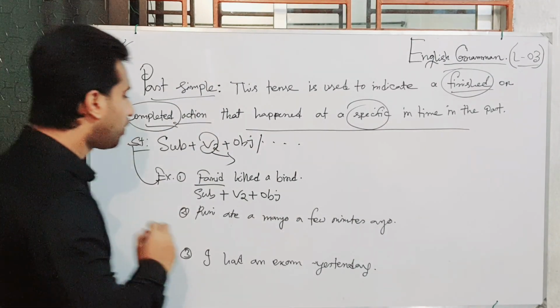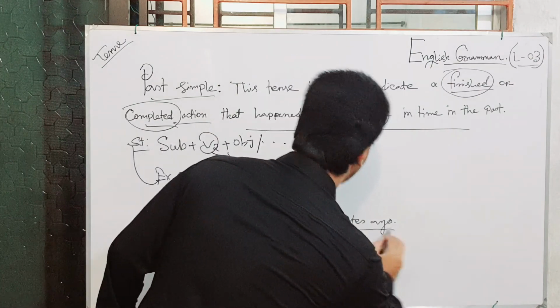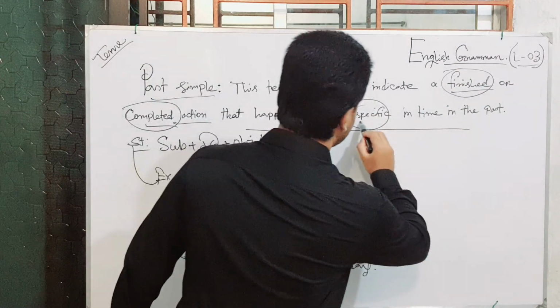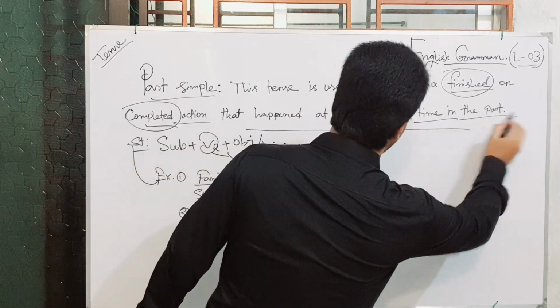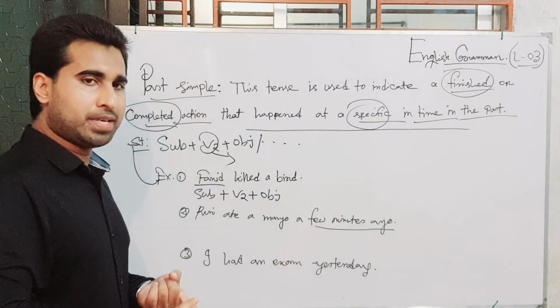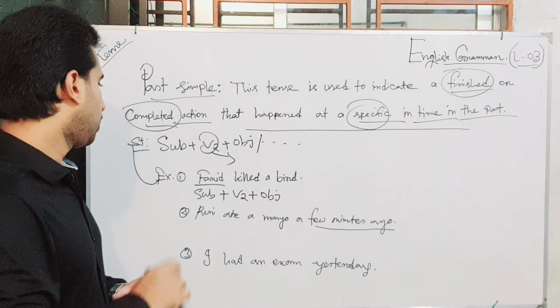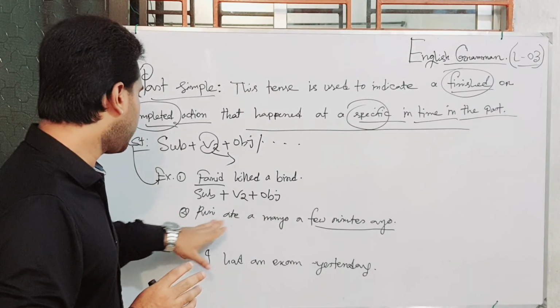Second one is Rooney ate a mango a few minutes ago. A few minutes ago. Here is a specific time in the past. That means the time must be specific or certain. Rooney ate a mango.